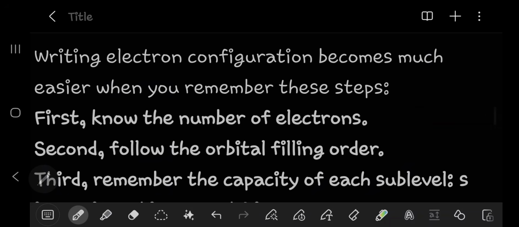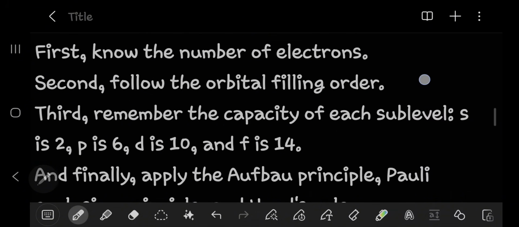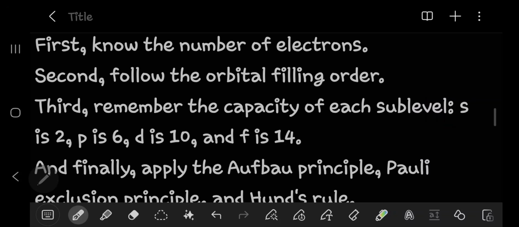Writing electron configuration becomes much easier when you remember these steps. First, know the number of electrons. Second, follow the orbital filling order. Third, remember the capacity of each sublevel, which is S is 2, P is 6, D is 10, and F is 14.